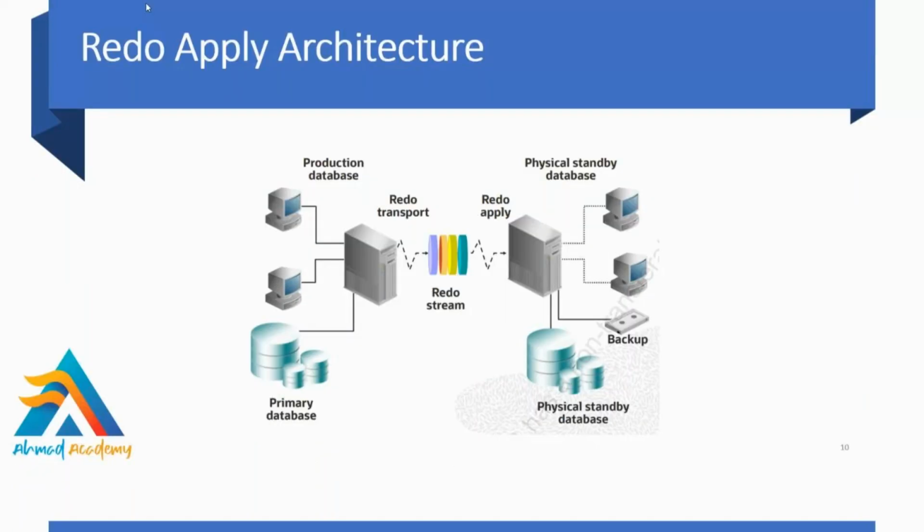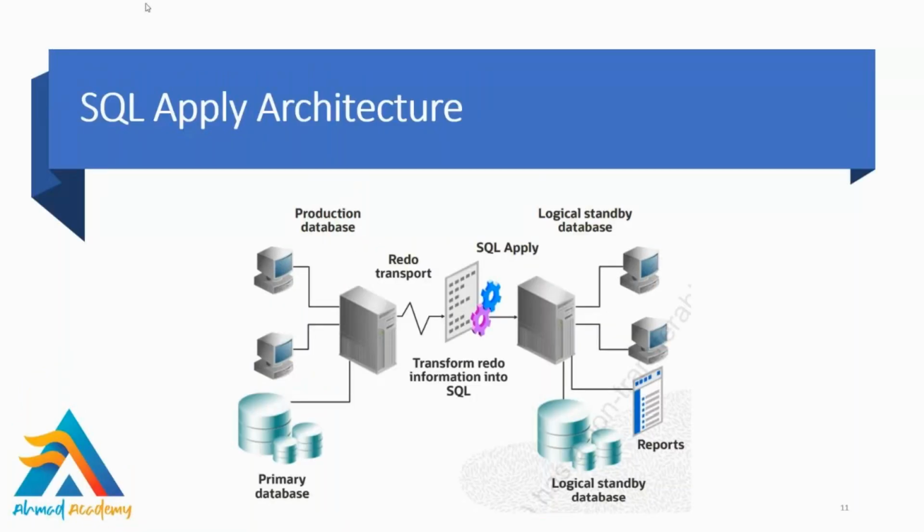And if you go for logical standby, your redo data comes in the form of SQL statements, and then your SQL statements are applied on the standby. So this is the one-line difference between logical standby and physical standby. Clear?